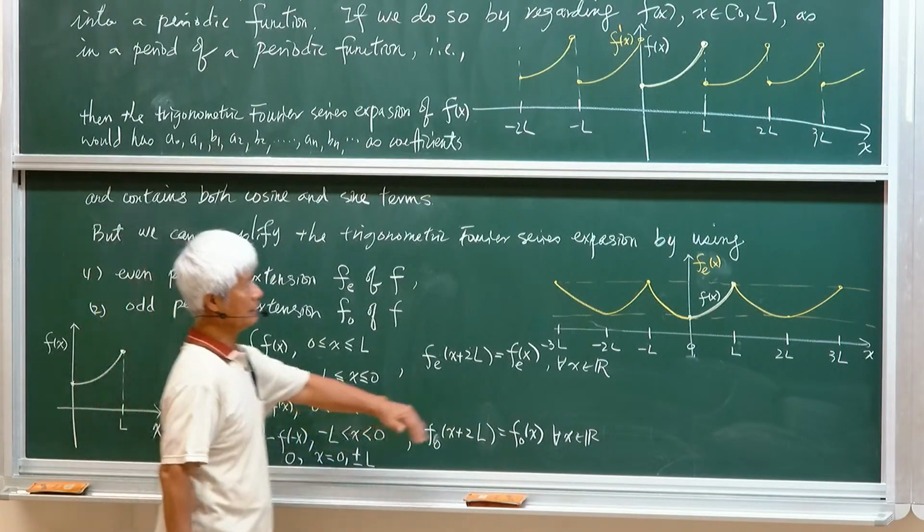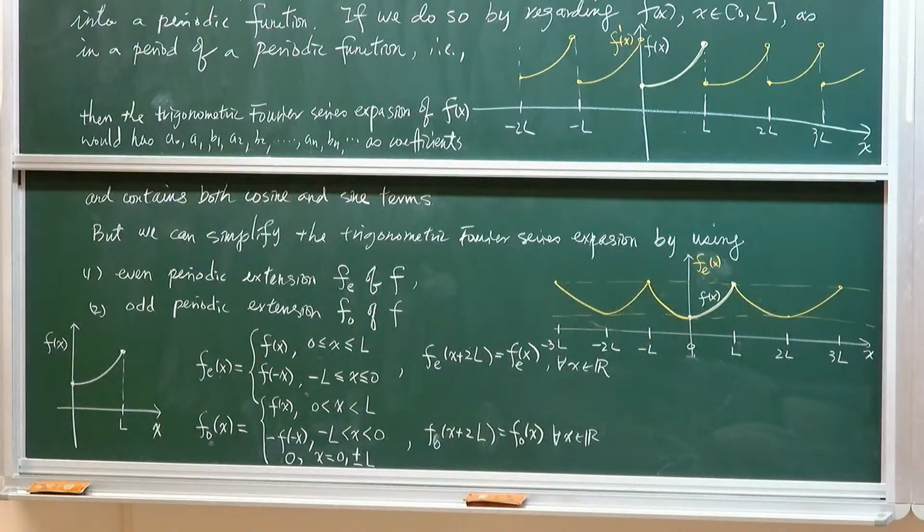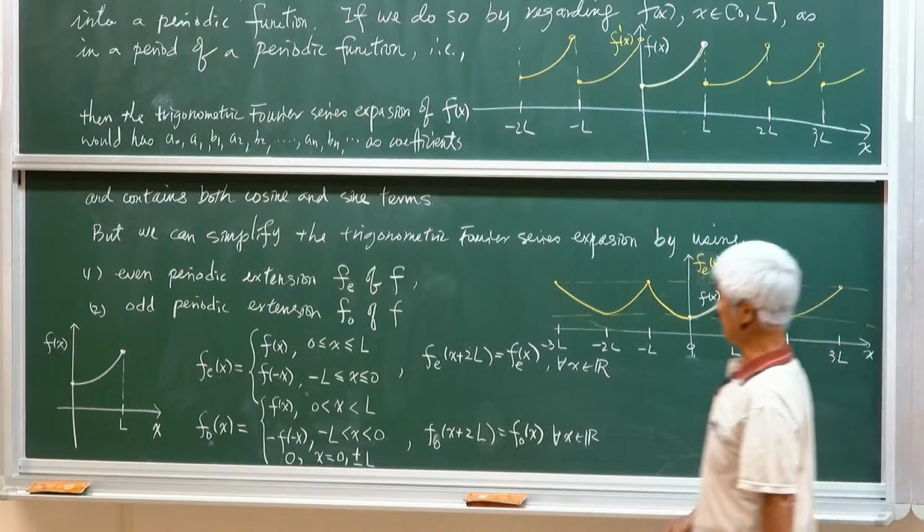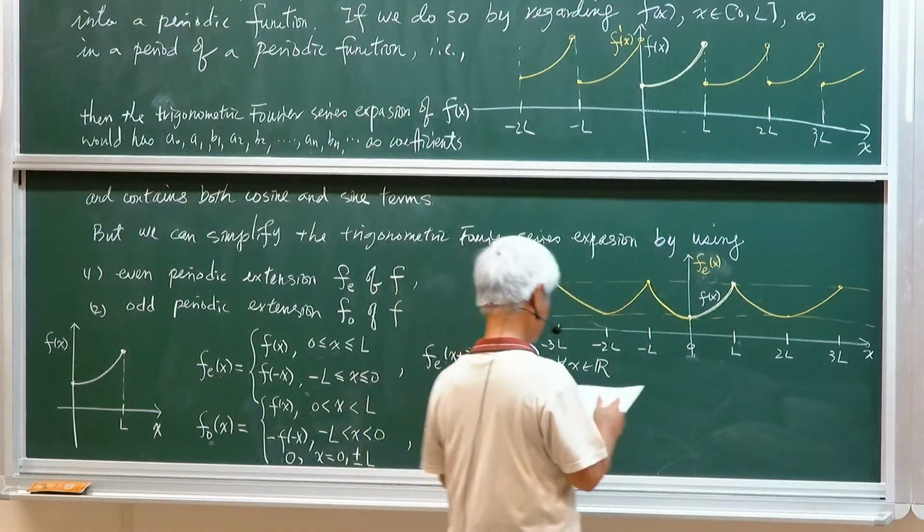So now we have to assign 0 here, 0, and 0. So these are the periodic extensions.